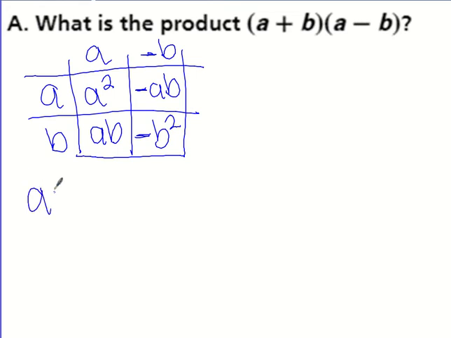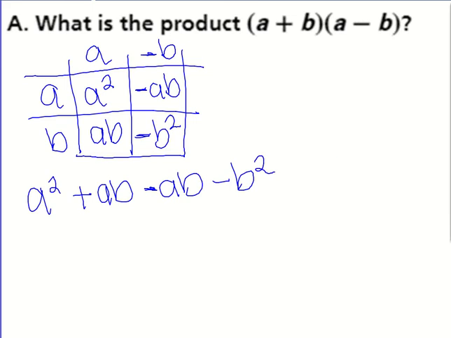So I have a squared plus ab minus ab, and then minus b squared. So again, I can combine my like terms. But if we notice, they're opposites of each other. I add an ab and I subtract an ab. So guess what?